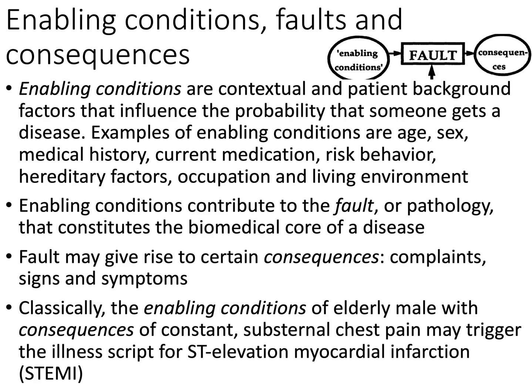Examples of enabling conditions are age, sex, medical history, current medications, risk behavior, hereditary factors, occupation, and living environment. Enabling conditions contribute to the fault or the pathology that constitute the biomedical core of a disease. Faults may give rise to certain consequences, complaints, signs, and symptoms.